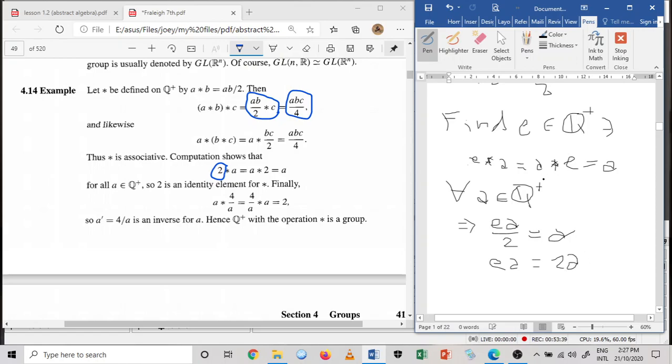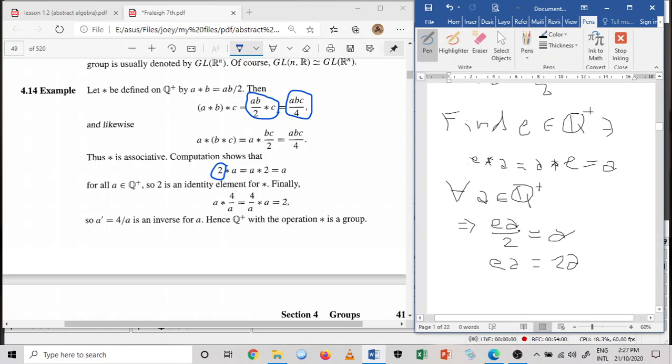But take note that A is a positive rational number. So the number 1 over A, therefore, would also be a positive rational number.